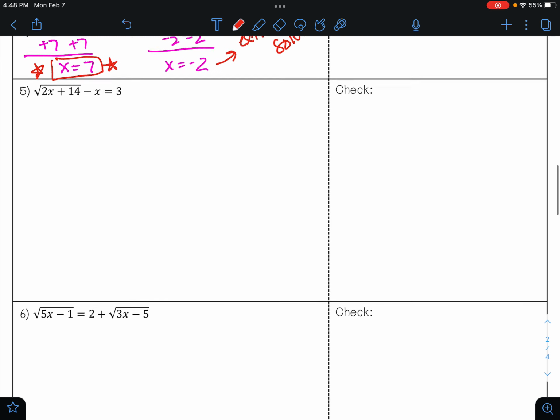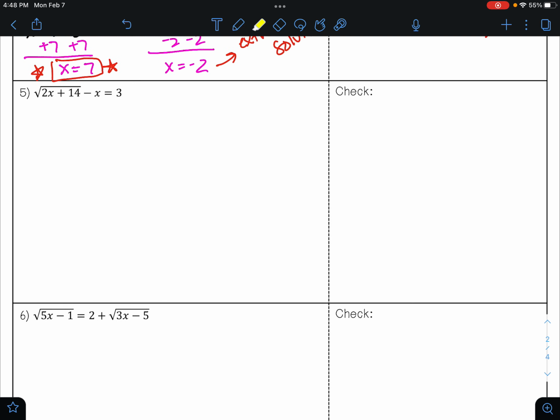On example 5, the first thing that you want to do is isolate your square root. So I'm going to need to go ahead and add x to both sides of my equation. When I do that, I get the square root of 2x plus 14 is equal to x plus 3.